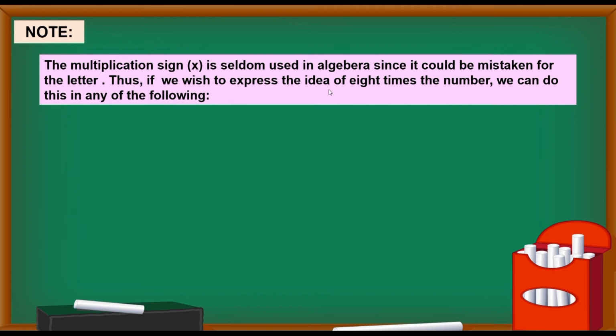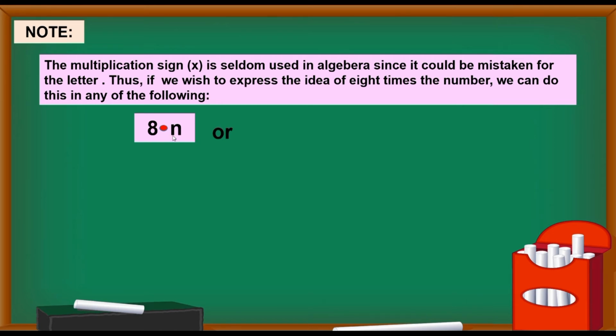Thus, if we wish to express the idea of 8 times the number, we can do this in any of the following. Pag sinabing number, kahit anong letter or variables, pwede po natin gamitin. So, yung 8 daw, ita-times natin dun sa number. So, paano natin ipapakita yun? So, pwedeng 8, tapos tuldok sa gitna, and n. So, pag binasa natin to, 8 times n.